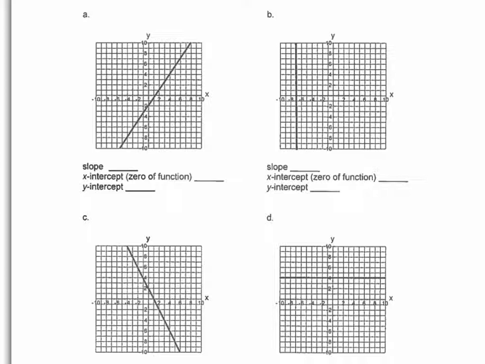On A and C, you're going to have to choose 2 points and count your slope, vertical change over horizontal change, change in y over change in x. Then they've given you a space to write your x-intercept and your y-intercept. Write them as ordered pairs, please: (0, y) and (x, 0).